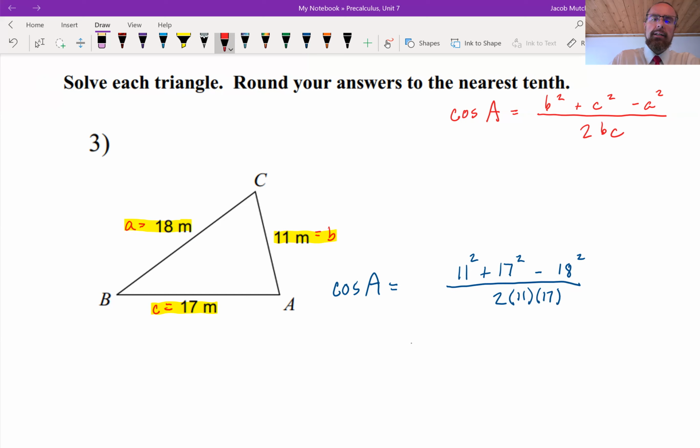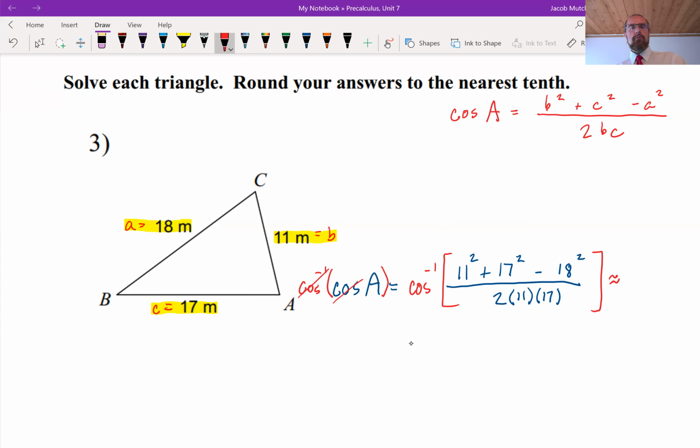I'm going to apply inverse cosine to both sides to give me back the angle measure. Ultimately, that's what I'm interested in, not so much cosine of the angle, but the angle itself. So inverse cosine will apply to both sides. And that's going to give me an approximate value.